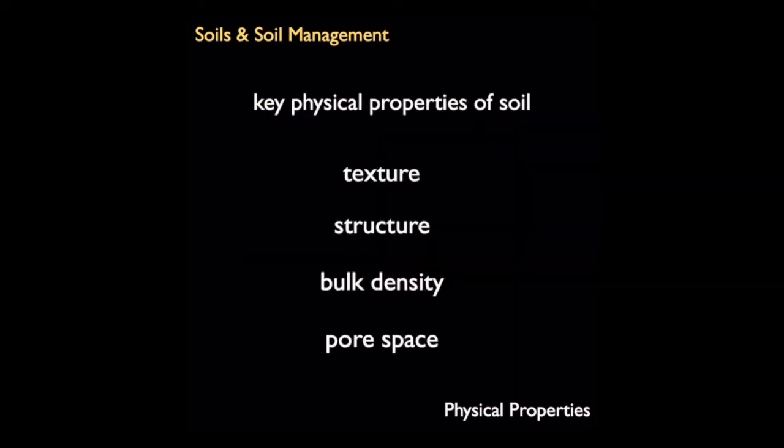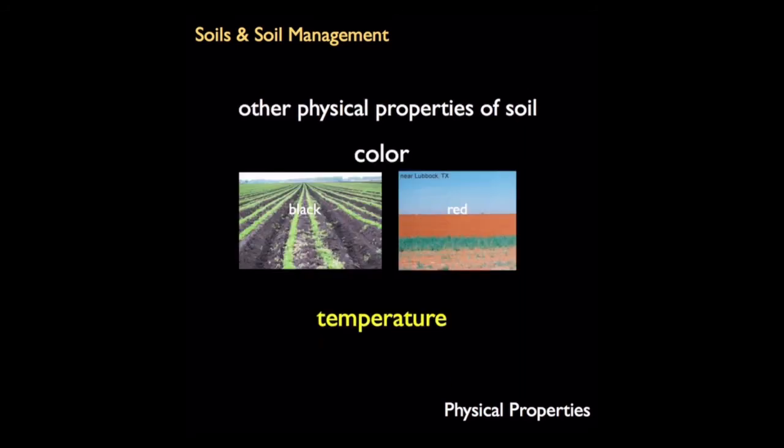So to reiterate, the key physical properties of soil are texture, structure, bulk density, and pore space. These properties are interrelated and influence the ability of plants to grow in a given soil. Soil scientists also look at color and temperature of soil as significant physical properties.